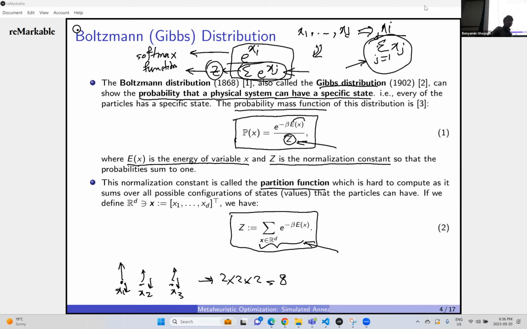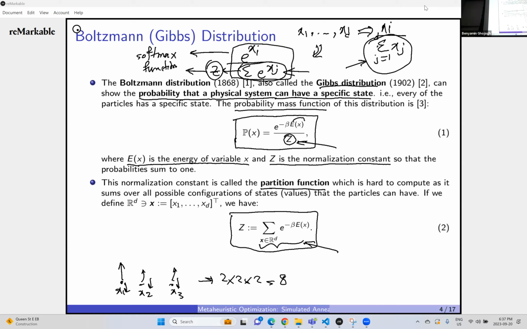Gaussian is one of them. But another problem arises: e to the power of x doesn't sum to 1, and it's not necessarily between 0 and 1. So what should we do? We should divide it by the summation of all the e to the x's, right? And in machine learning, they call this softmax form.